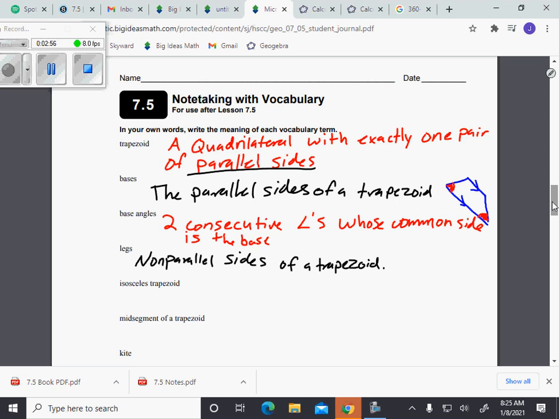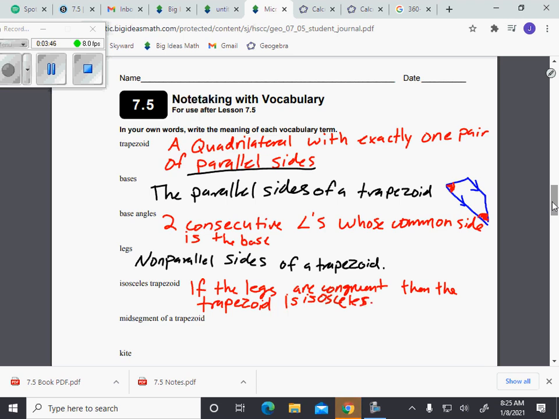If the legs of the trapezoid are congruent, so we're obviously talking about a trapezoid, if the legs of that trapezoid are congruent, then the trapezoid is isosceles. Still have trouble with that word, isosceles.